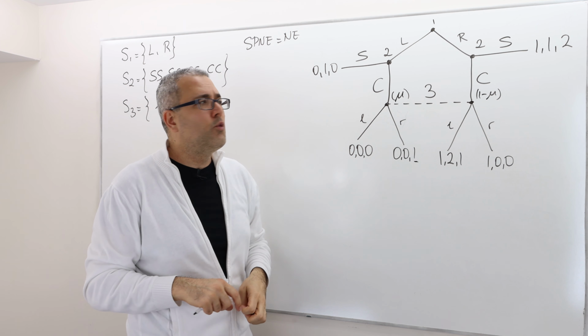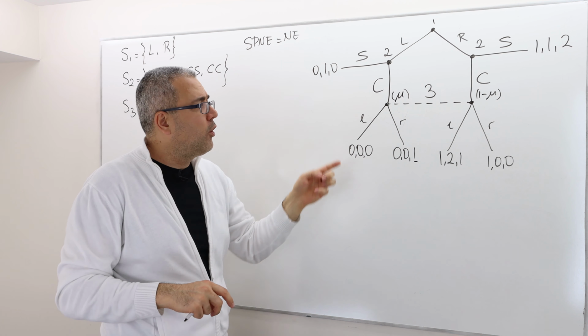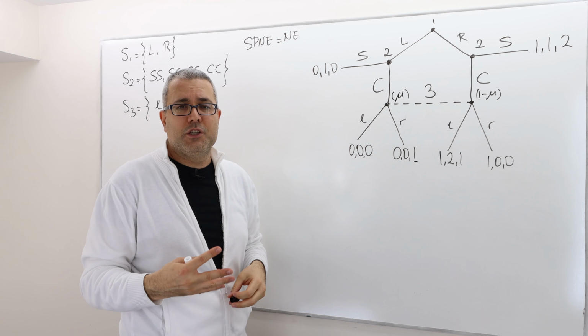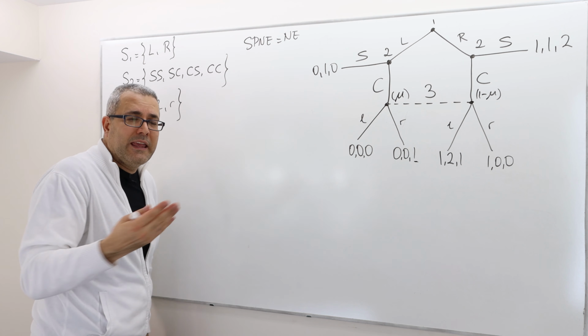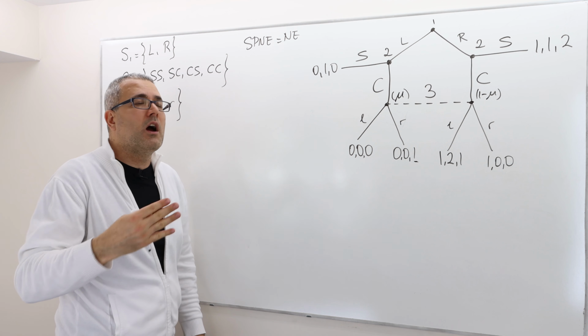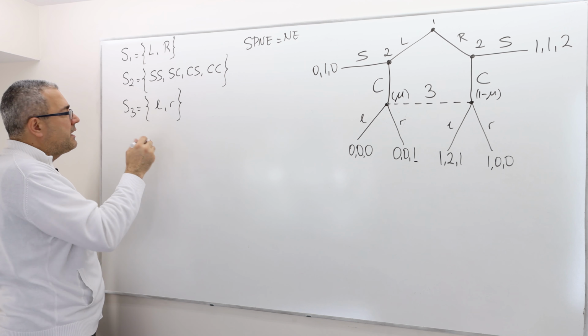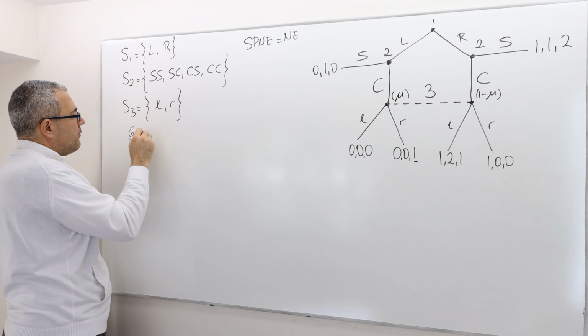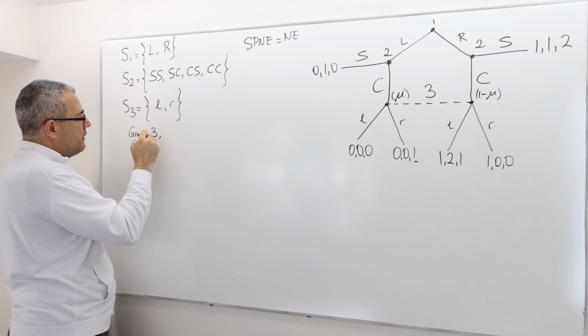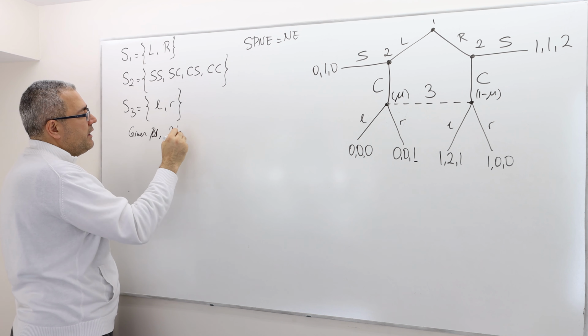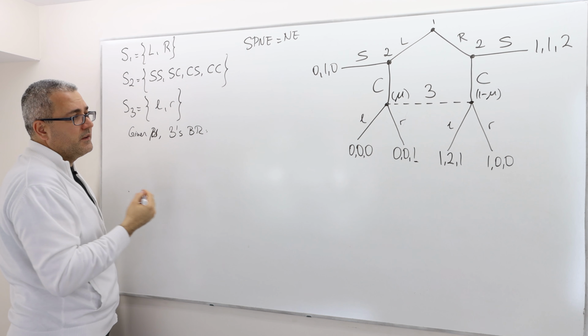So I call it mu, 1 minus mu. So depending on mu, player 3's optimal action will be determined, again by condition 2 or requirement 2, which is called sequential rationality. So given mu, 3's best response is as follows.